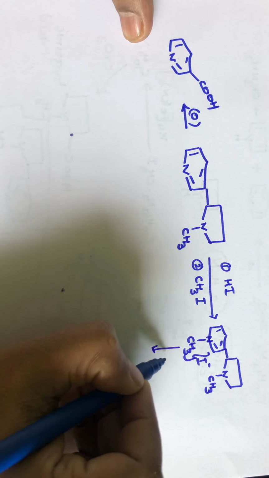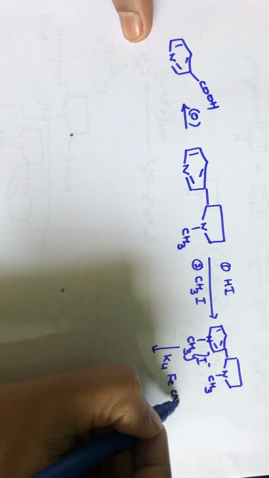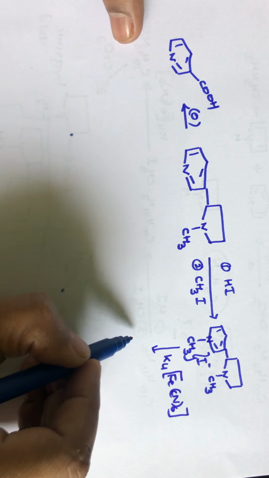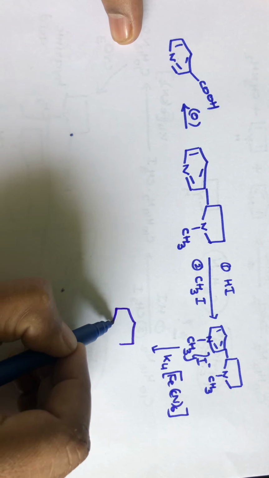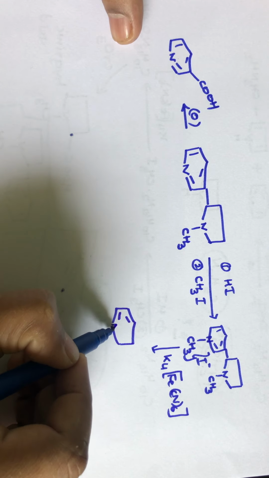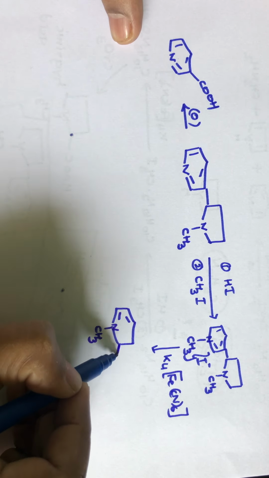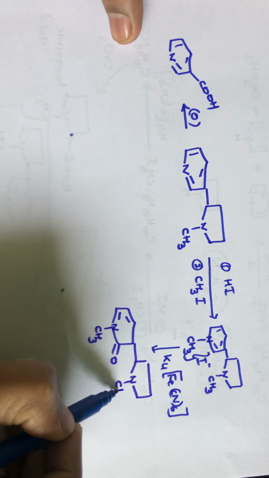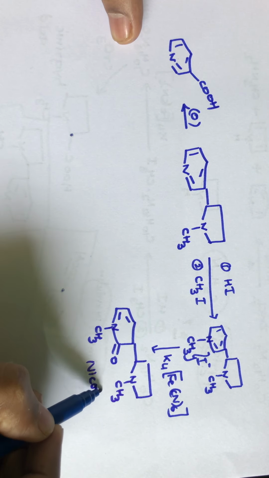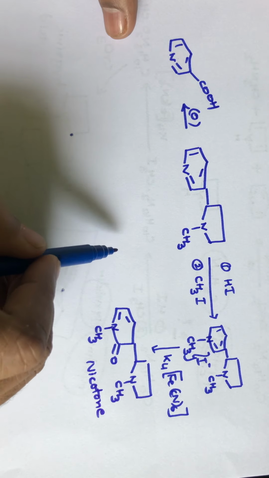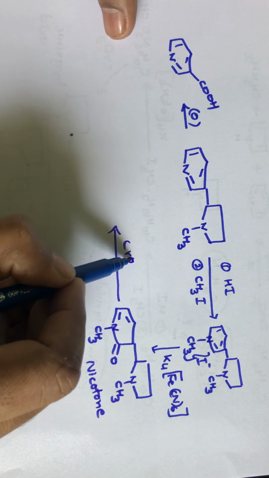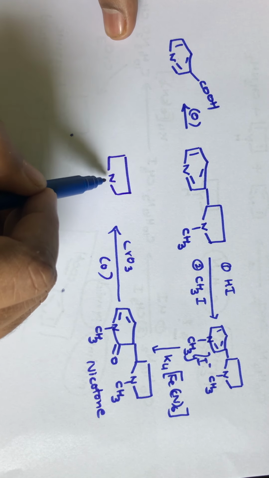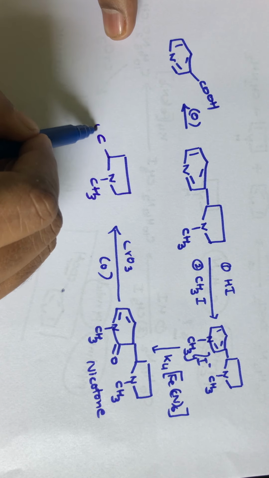When this is treated with K4Fe(CN)6, you get nicotone. This on oxidation gives this acid.